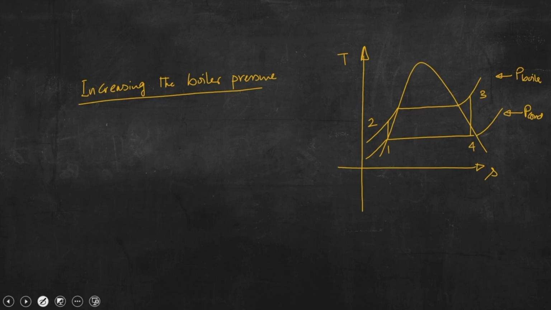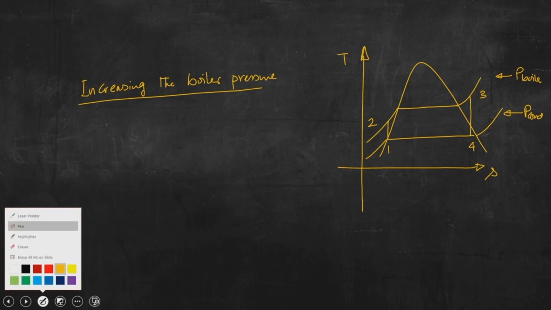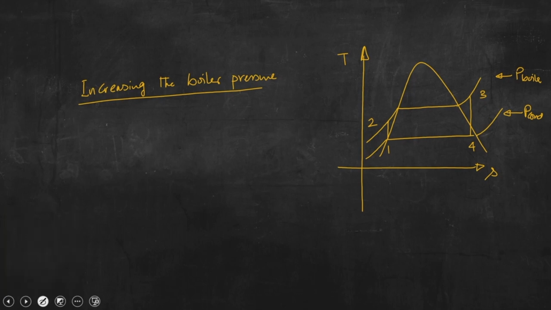Now, can we increase boiler pressure? Let me draw using another color. So, this is the temperature. Maybe we can have, so this is 2 prime, say this is 3 prime, this is 4 prime. Okay.